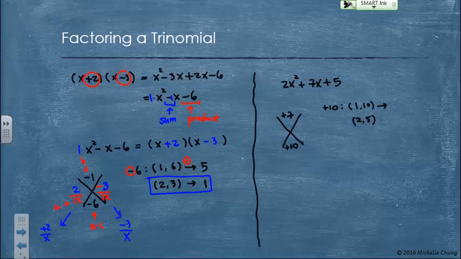And in this case, because a times c is positive, that means those two numbers will have the same sign, positive, positive, or negative, negative. So when you think about those pairs, now you would think about the sum of those two numbers. Which will be 11 for the first pair and 7 for the second pair.